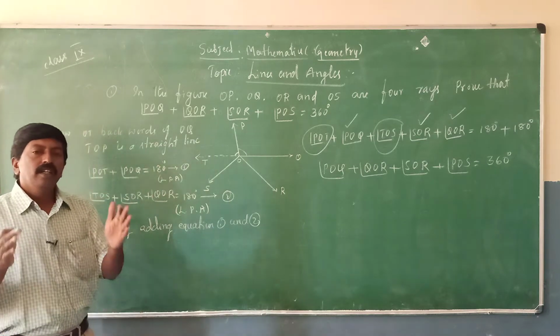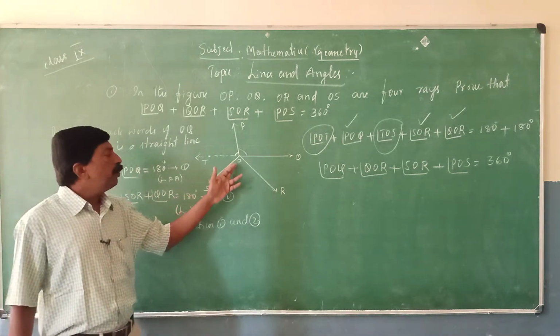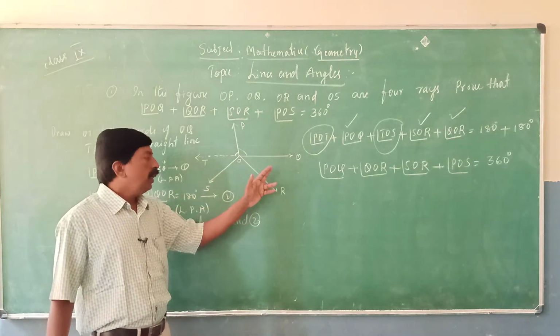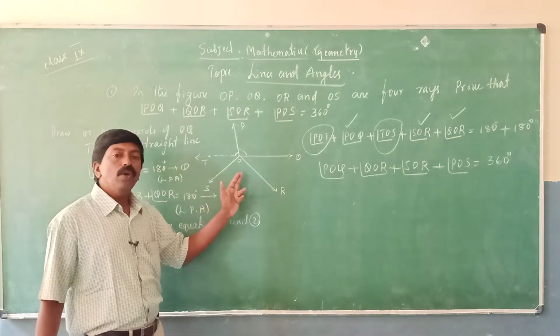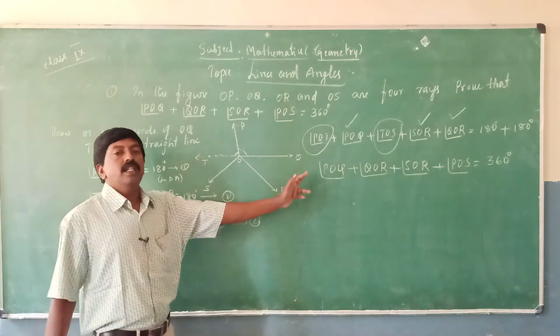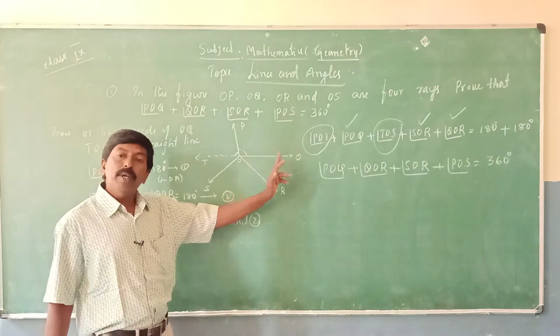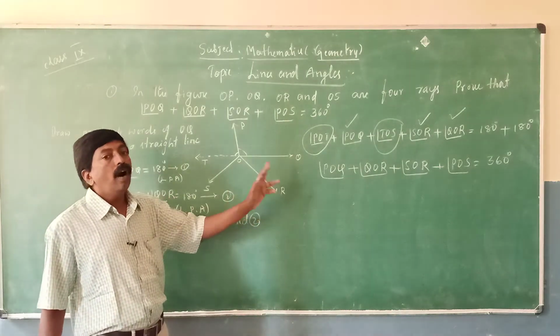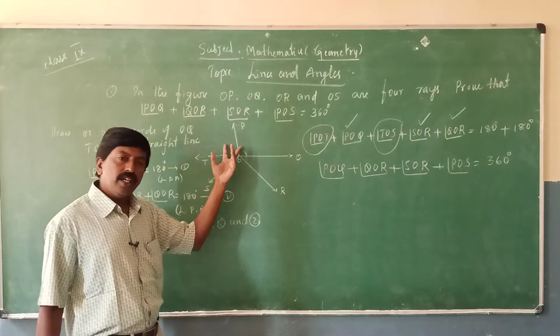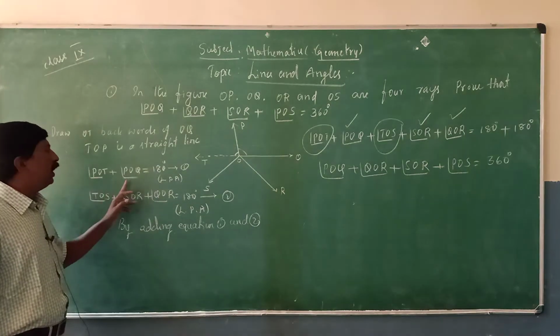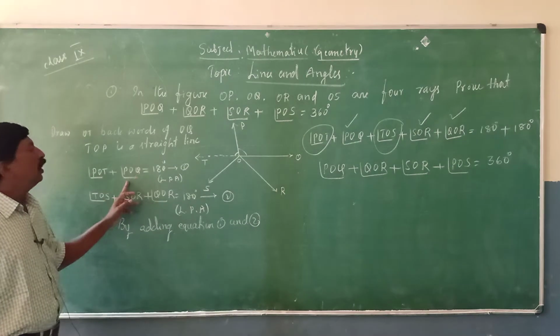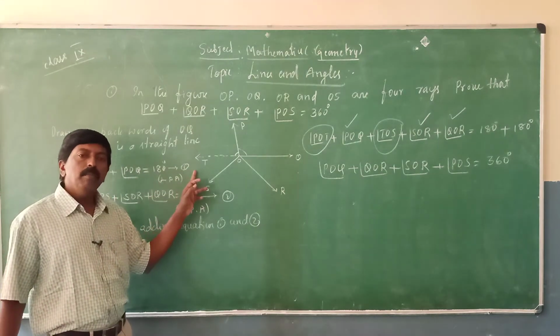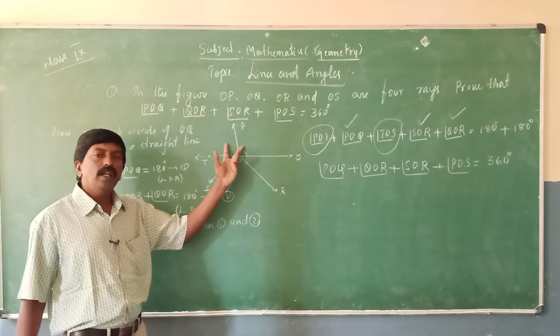Once again, what we did here: we produced ray OQ backwards to OT. We made it a straight line. TOP is a straight line. After that, we took these two adjacent angles, POT plus POQ is equal to 180 degrees, because these two are a linear pair.